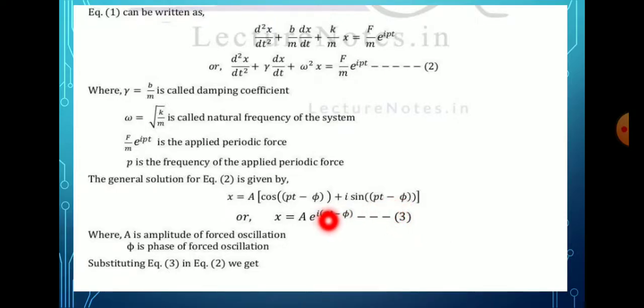As per the procedure followed to solve a differential equation, the above equation we solve in this form, so that we get x equal to a e raised to i(pt minus phi). Here a is the amplitude and phi is the phase of the forced oscillation.